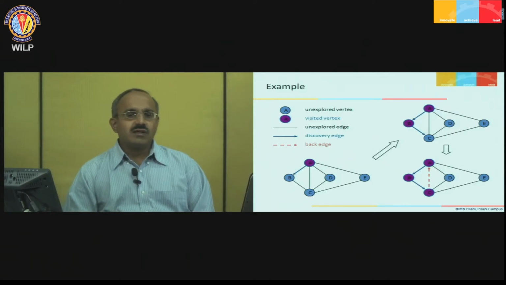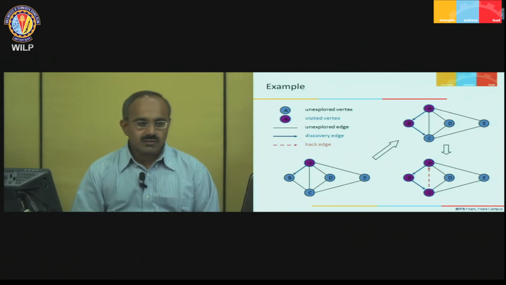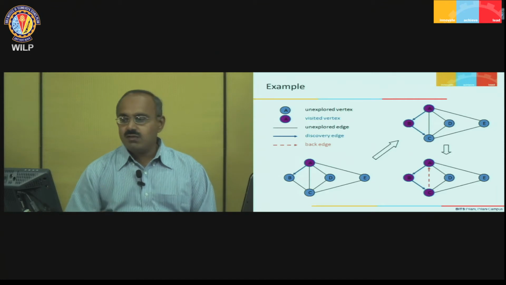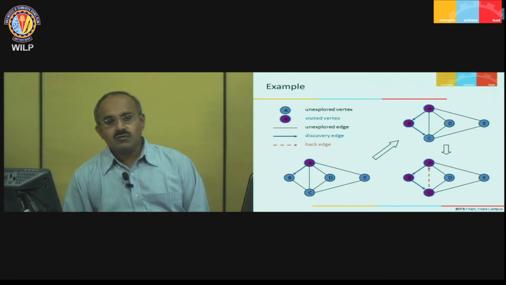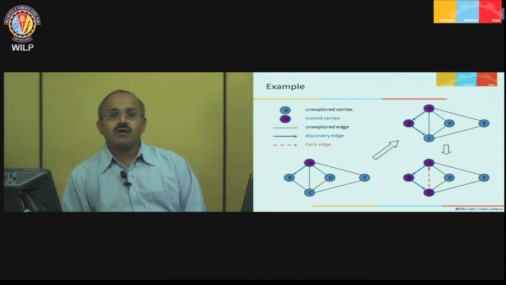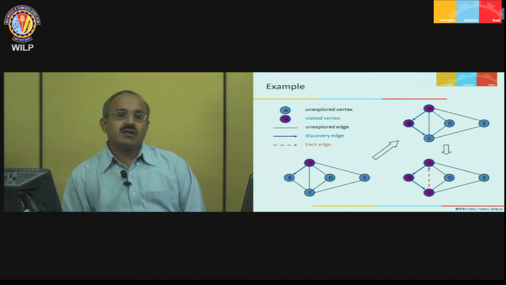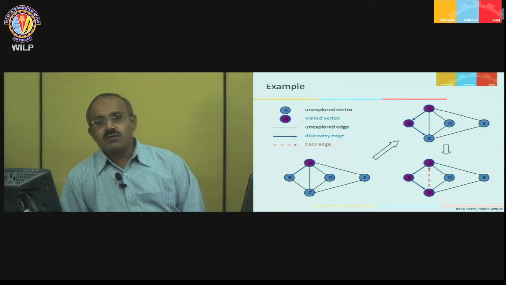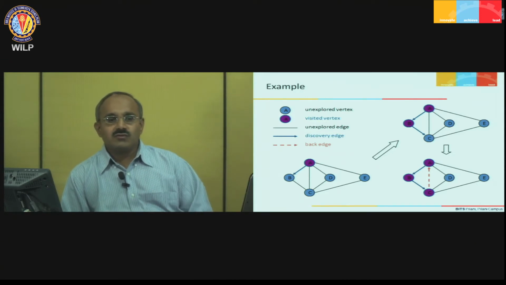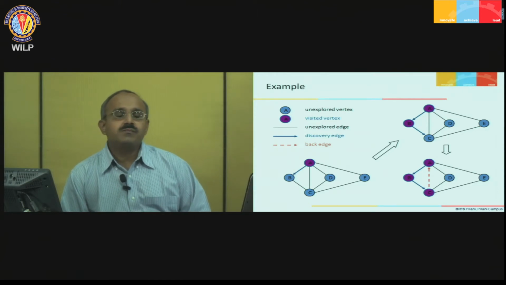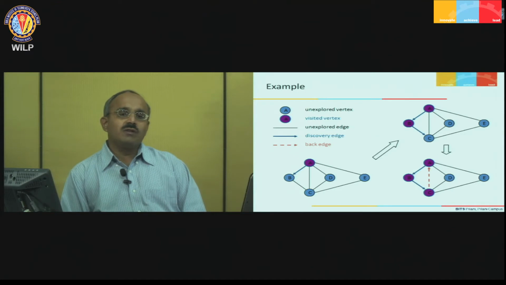Let us illustrate our procedure using a simple example. In this example, we are using the following convention. We have unexplored vertices which have a blue background, and visited vertices have a violet background. So, these are the vertices which we visit and mark as visited. The black lines are the unexplored edges.